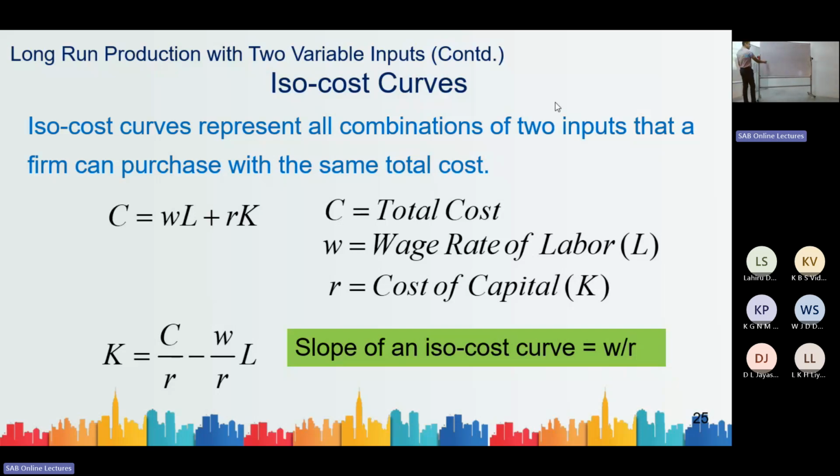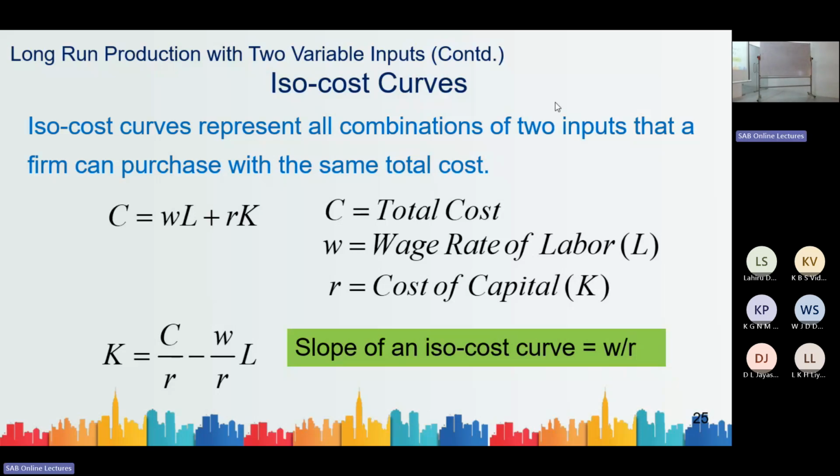C over R. C is what? The total cost. R is the rental rate. What does it mean? Total cost divided by the rental rate gives a number. What is the interpretation we can give to that number?